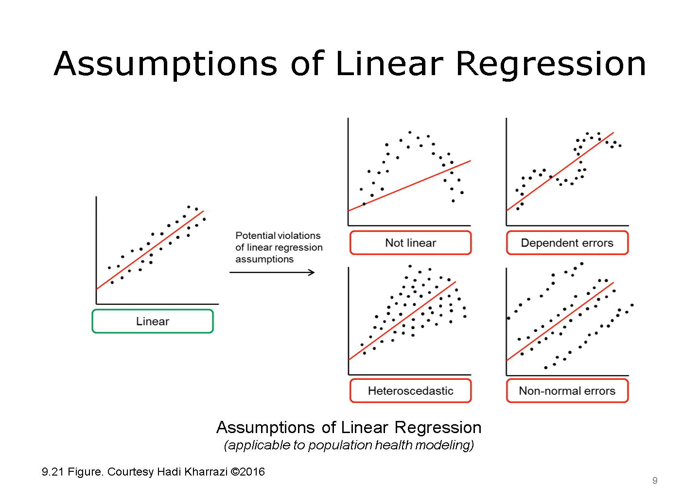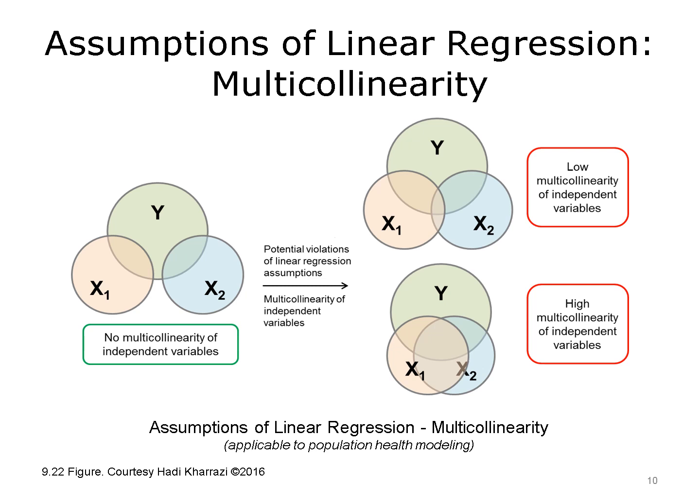Note that these distributions often do occur in population health analytics, and analysts should be aware of potential threats to their models. There should be minimal multicollinearity of independent variables if linear regression is used for population health modeling.